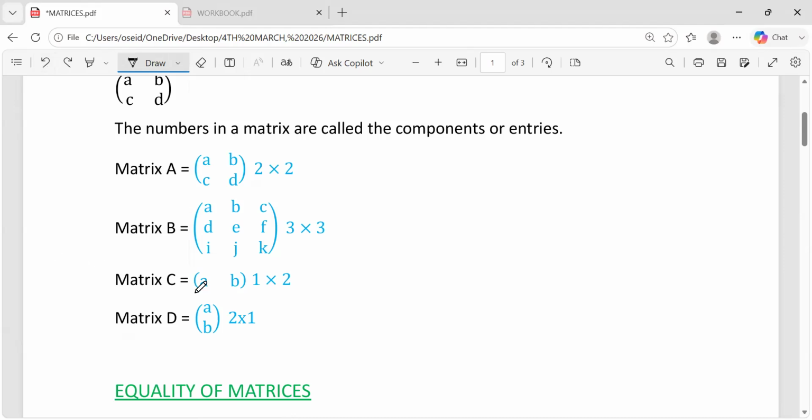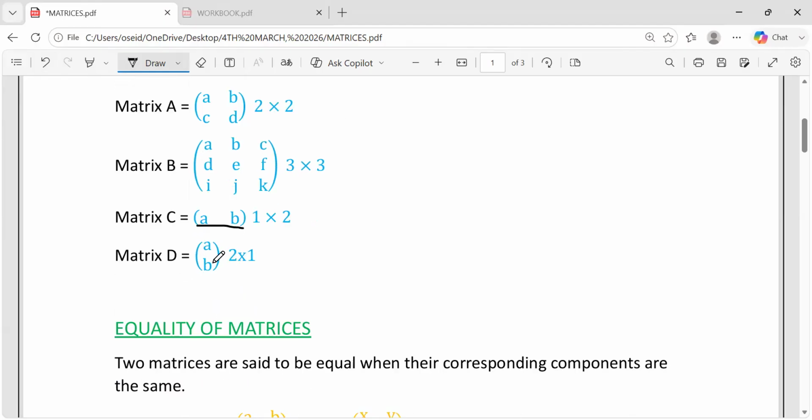Then matrix C, with matrix C, we have A and B, making it a 1 by 2 matrix. It is a 1 by 2 matrix because we have one row, which is A, B, and we have two columns, which are column A and column B. Then matrix D is a 2 by 1 matrix.